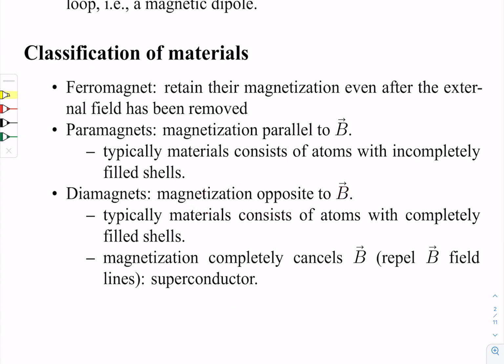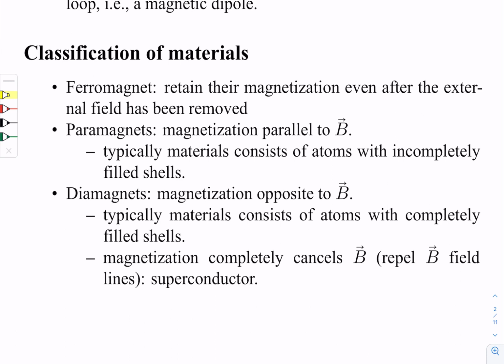And also, similar to the electrostatic case, there are also permanently polarized materials. For these permanently magnetized materials, we call them ferromagnetic. For a ferromagnet, if you apply a magnetic field to it, it will remember the history of the magnetization.